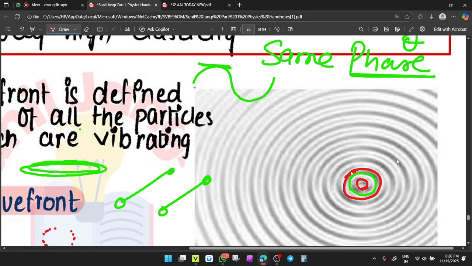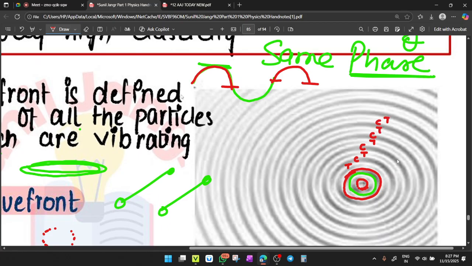So first it is crest, then trough, again crest, then again trough. So this is crest, trough, crest, trough, crest, trough, crest, trough.